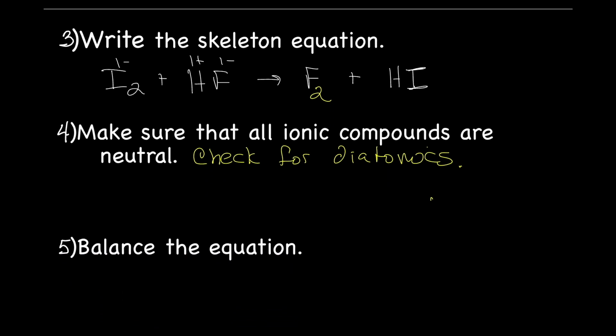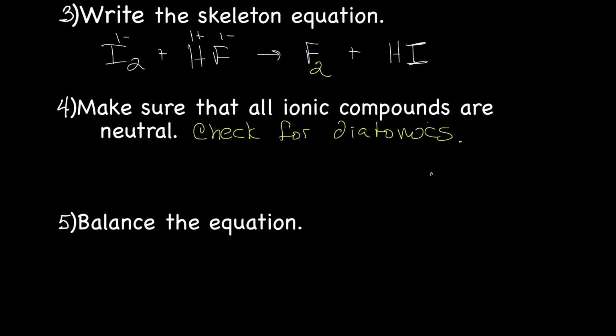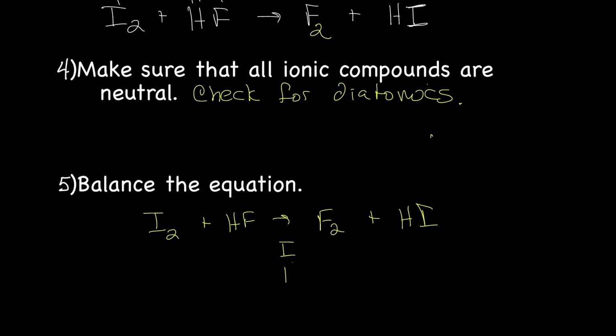The last step is to balance the equation. Let me rewrite this down here so we have a little bit more room. I2 plus HF produces F2 plus HI. All right, we have I, H, and F. Let's see, 2, 1, 2, 2, 1, 1.